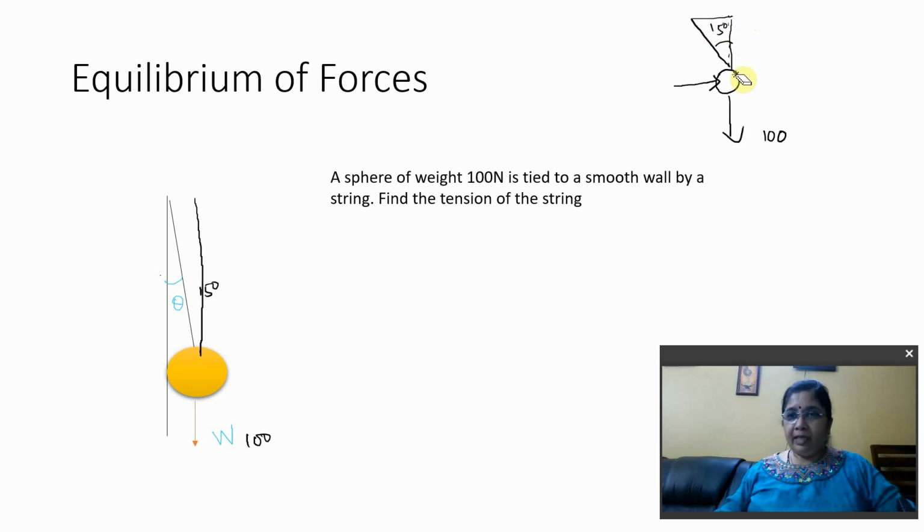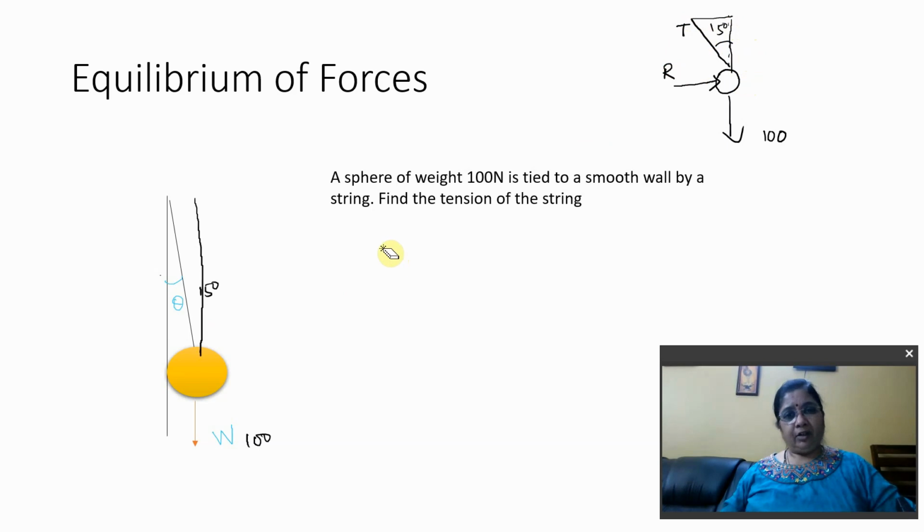Now you'll have to resolve this into two components, in the vertical and the horizontal component. So forming a triangle, this being the adjacent side, the vertical force is given by the cos component, the horizontal component is given by the sine component. So for the horizontal component, this is your reaction force R, and here the tension force T. You have two unknowns which you have to solve for.